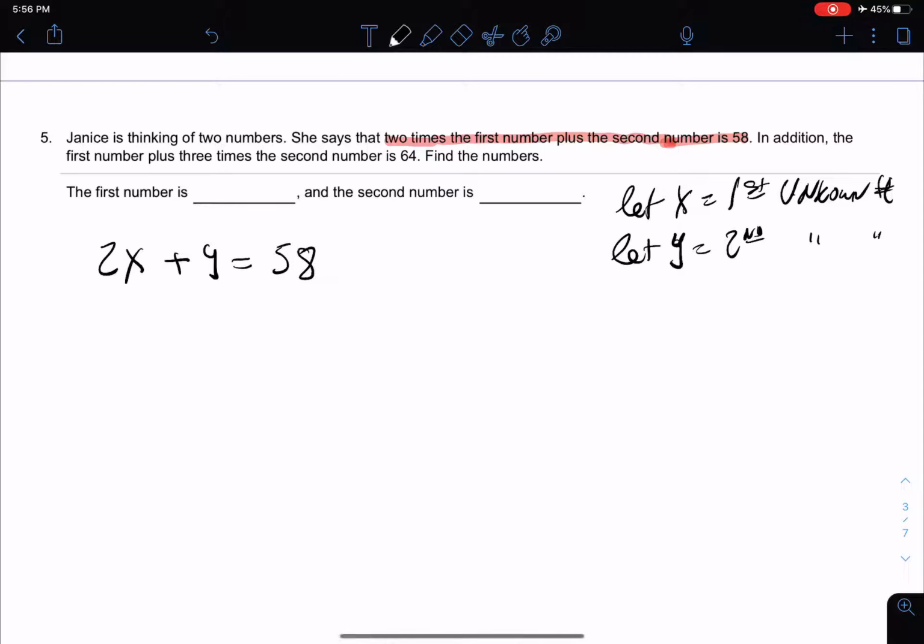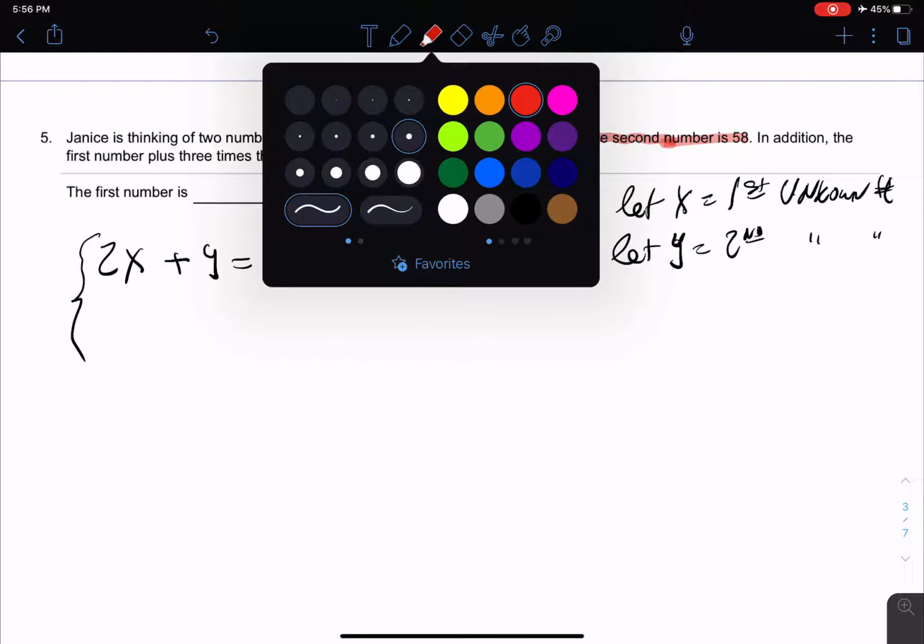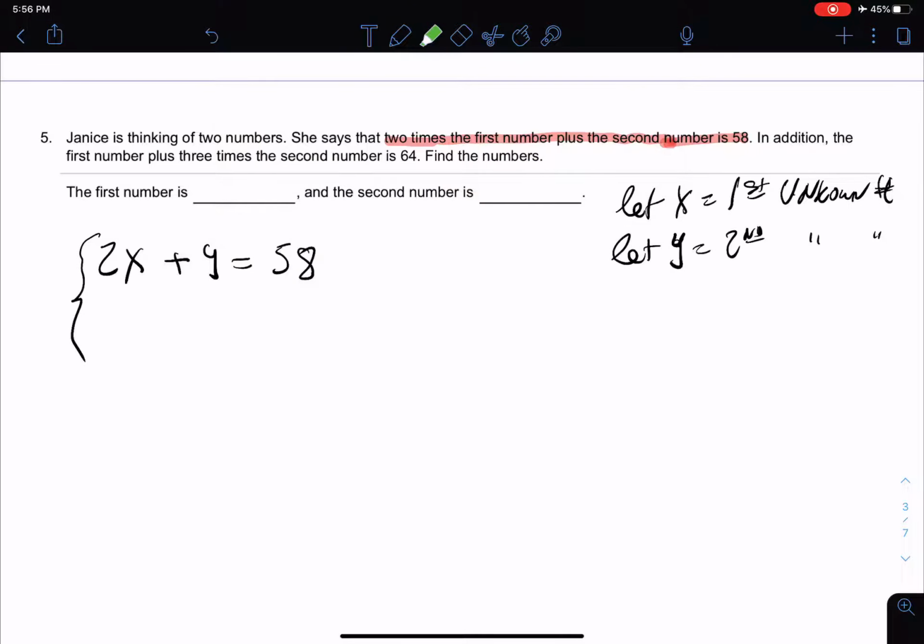Well, there's our first equation. Let's see our next equation. It says the first number plus 3 times the second number is 64. So the first number, x, plus 3 times the second number, 3 times y, is 64.